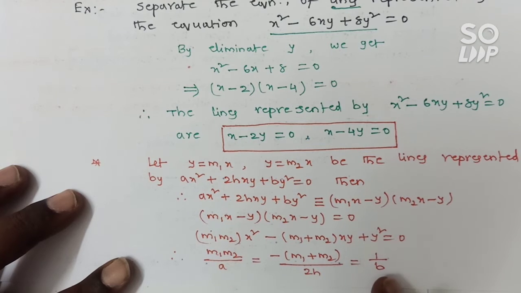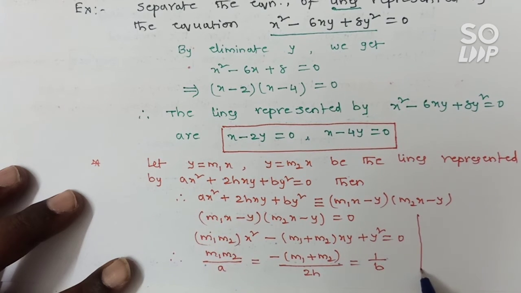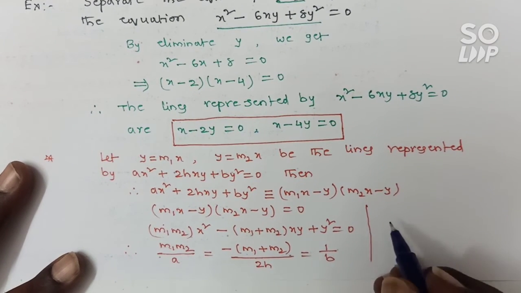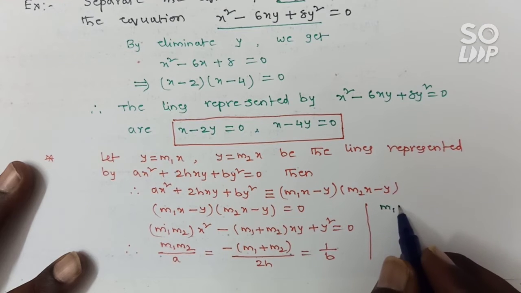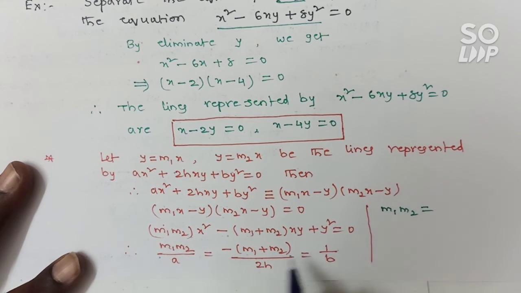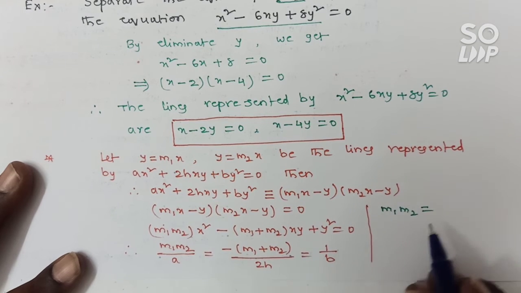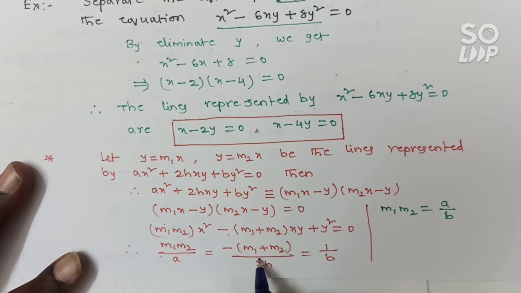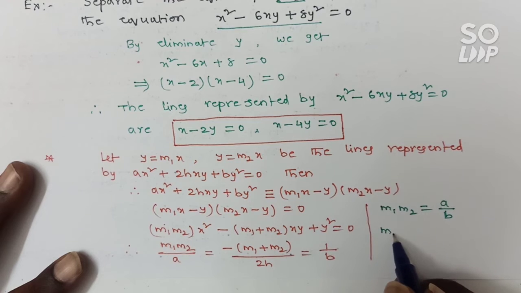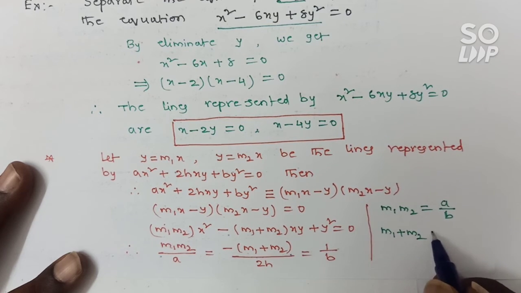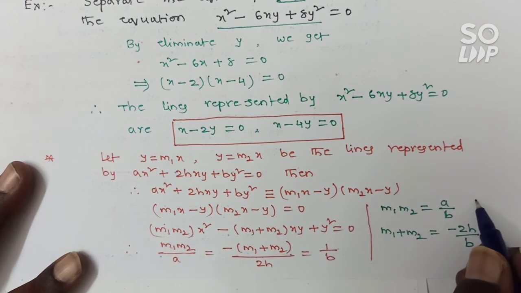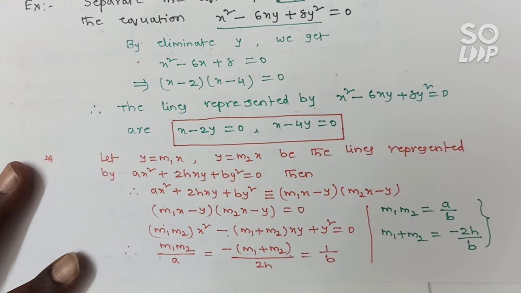By equating the first and the last ratio, we get m1 into m2 is equal to a by b, and by equating the second and the last ratio, m1 plus m2 is equal to minus 2h by b.